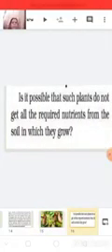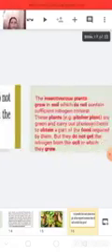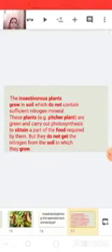Is it possible that such plants do not get all the required nutrients from the soil in which they grow? Yes. The insectivorous plants which grow in the soil do not get sufficient nitrogen minerals. And as you know, nitrogen is an important mineral for the plants.